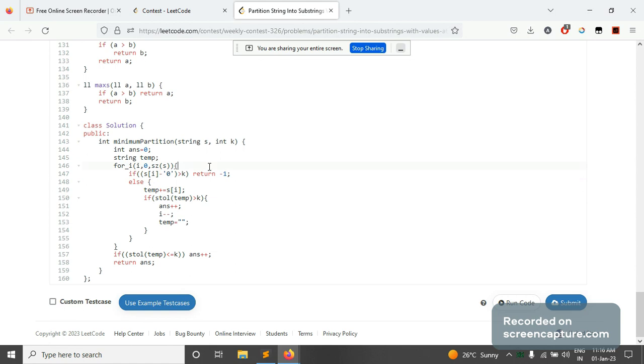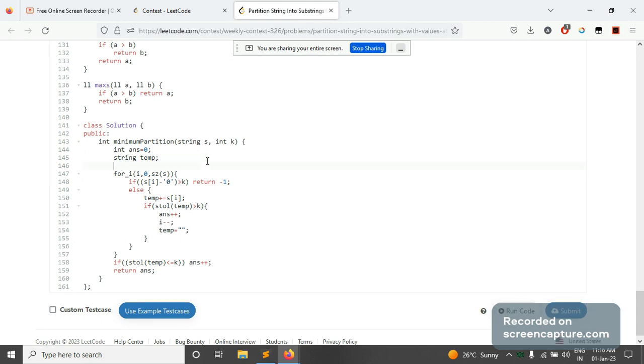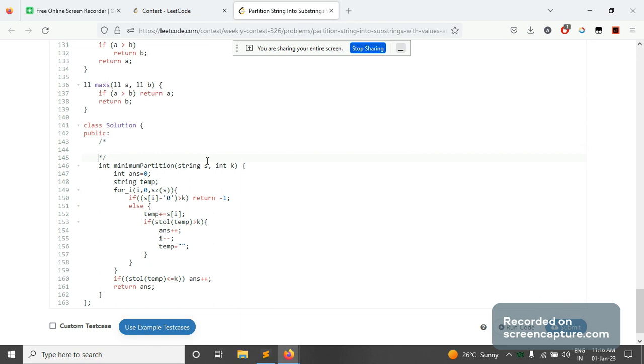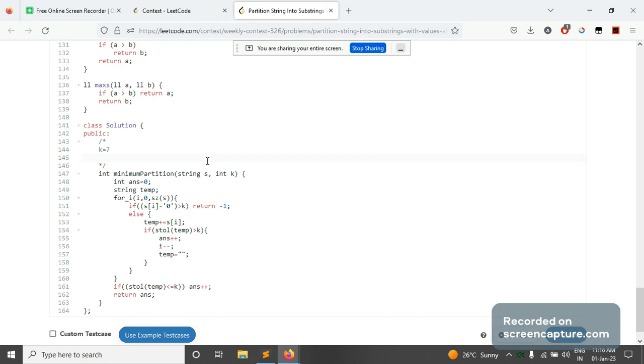Suppose the value of k is 7, and at a particular moment s of I is equal to 9.